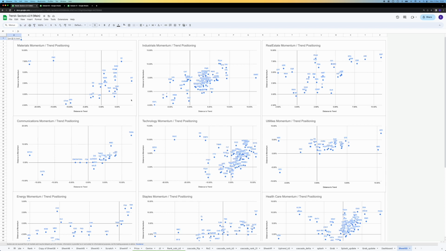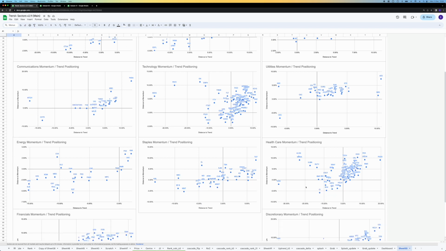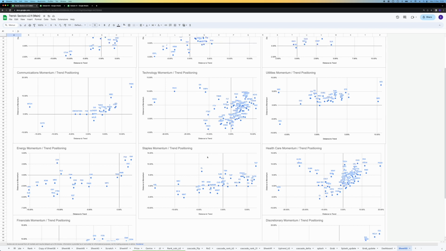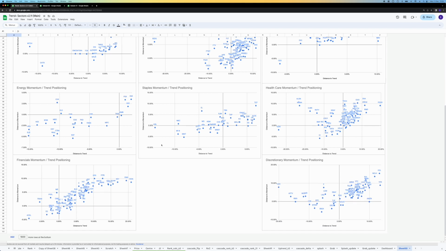But visualizing it this way, now obviously some of the sectors like tech and healthcare have a lot more, so it's a bit of a messy chart. The big takeaway is you can see energy, after going through June, July, August, September, was way up here and to the right, and now a lot of names are down here, so they've started to fall off.